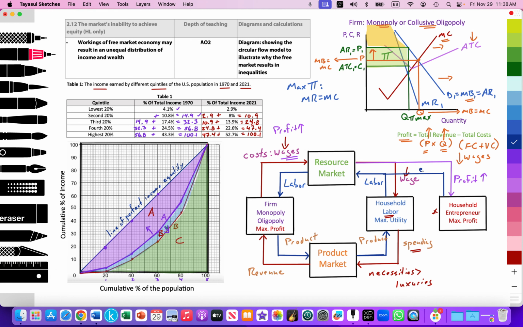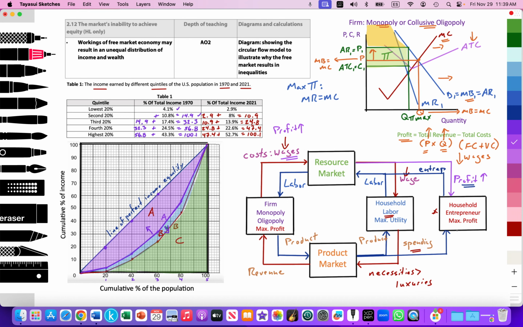I don't have much space, but here's the entrepreneurship going to the resource market, to the firm, and in return, they're getting rising profits at the cost of wages falling. And that will enable the household that owns entrepreneurship to acquire goods and services from the product market. And they will do that through their spending.